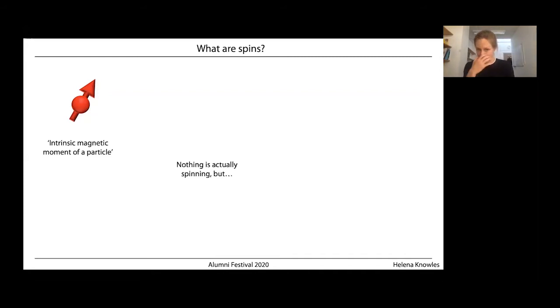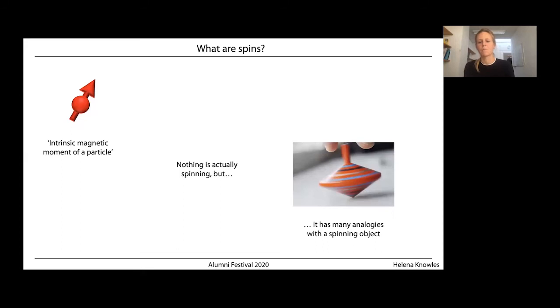It's not actually physically spinning, but it has many analogies with a spinning object, which is why it's called a spin. From a mathematical point of view, it can be treated in a similar way to a spinning object. So you just have to imagine them as tiny little compass needles that are associated with single particles such as electrons, but also the nuclei of atoms all around us.